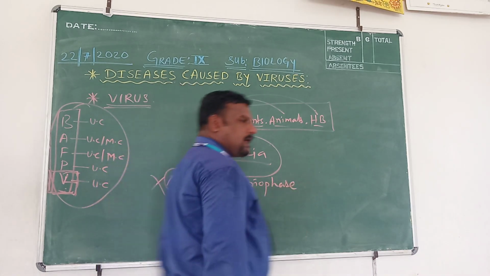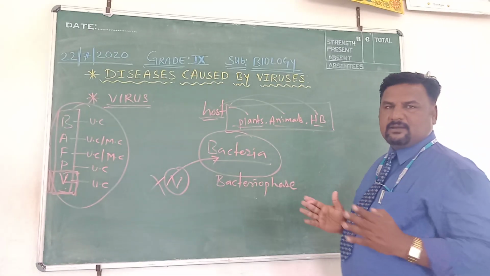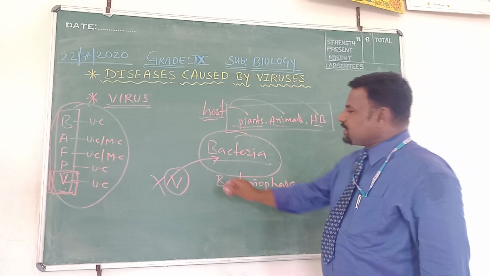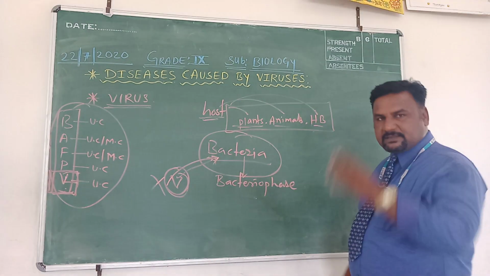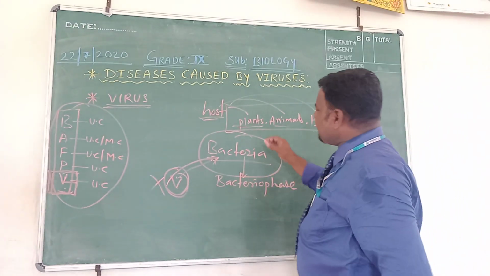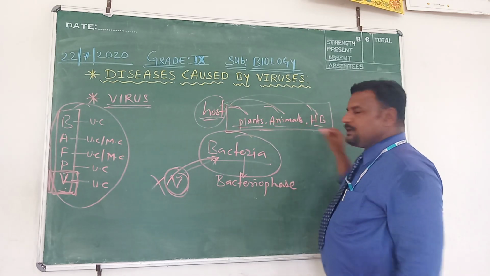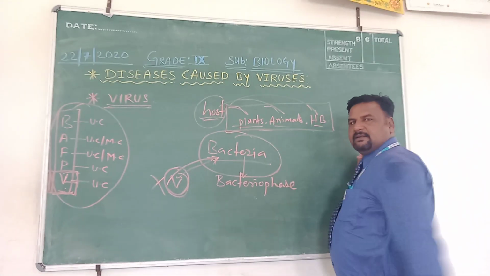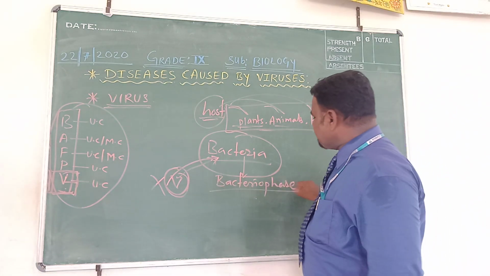As we know, the association of algae and fungi we call lichen. In a similar way, the association of virus and bacteria is termed bacteriophage. When the virus is not able to find a host like plants, animals and human beings, it infects the bacterial cell and starts living. That association we call bacteriophage.